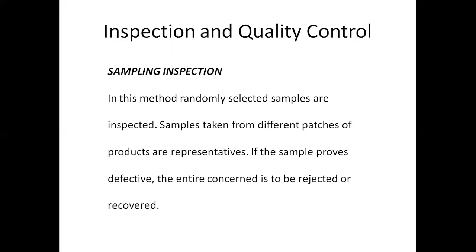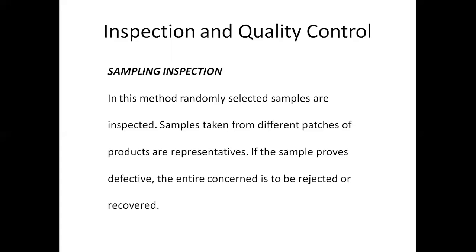Here you have to understand why. Previously we had stated that we are assuming that the sample is homogeneous. Homogeneous means that all the products are similar, not only in nature but in make also. So samples taken from different batches of the products are representative of the total.